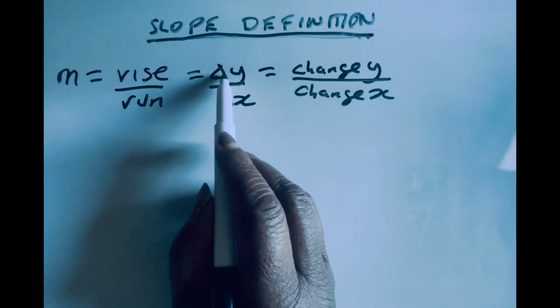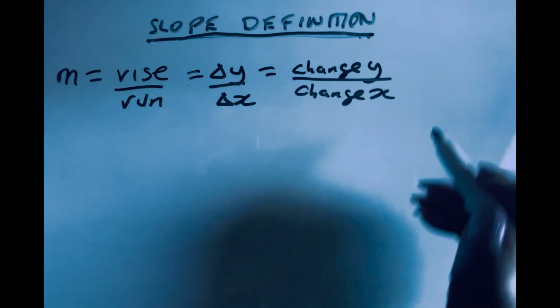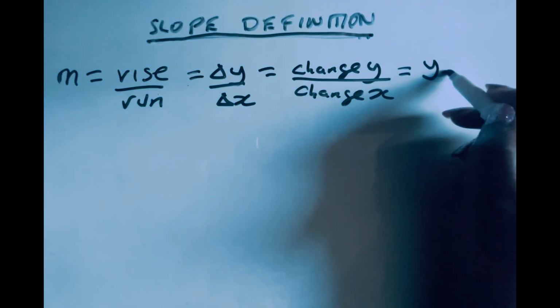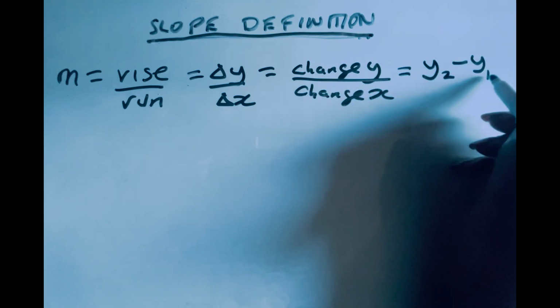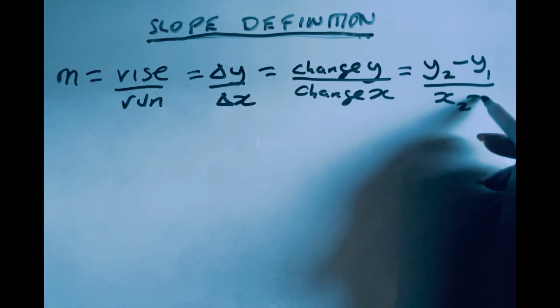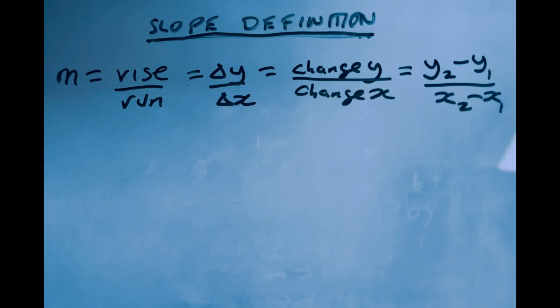But here we can write it as delta y over delta x. And also we find it by subtracting the y values and dividing that by the x values. So it's y2 minus y1 over x2 minus x1.